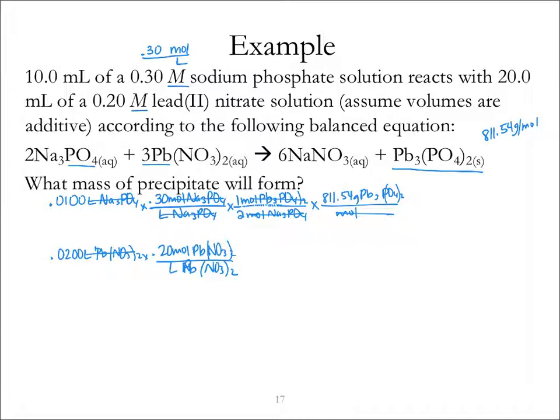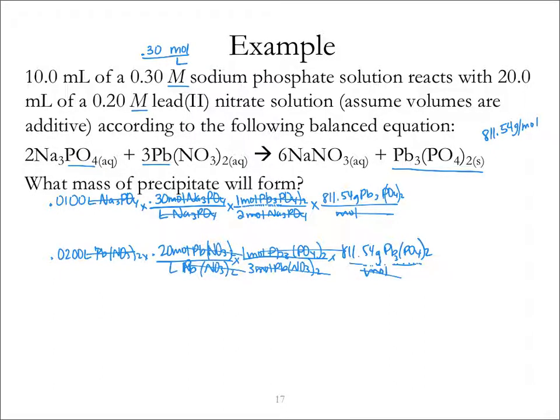We'll change that into moles of the precipitate using the coefficient, and then take it to grams using the gram formula mass. And then all we have to do is plug each of these into our calculator to figure out the possible masses.